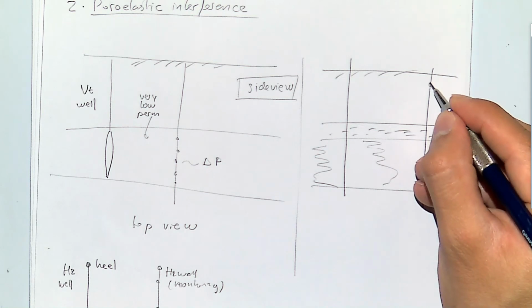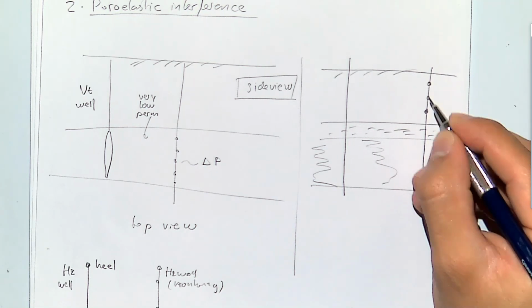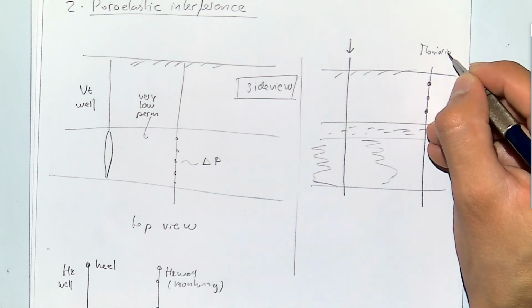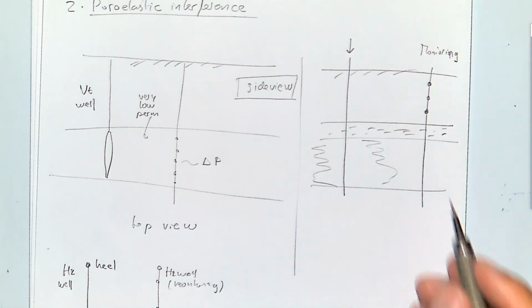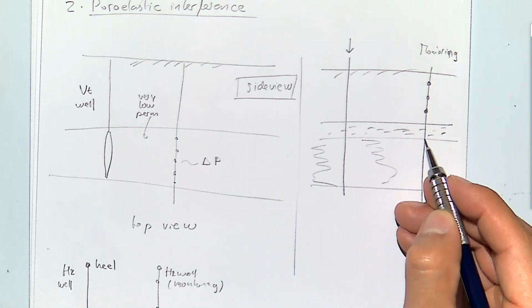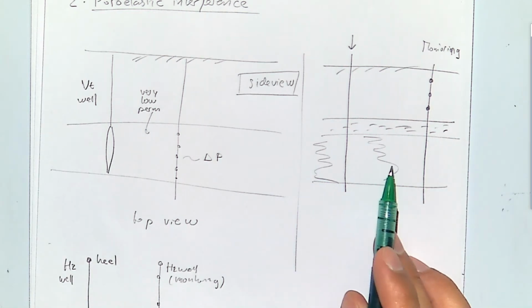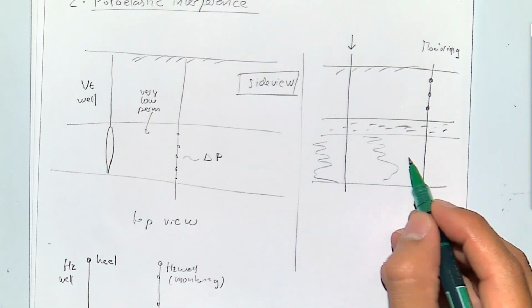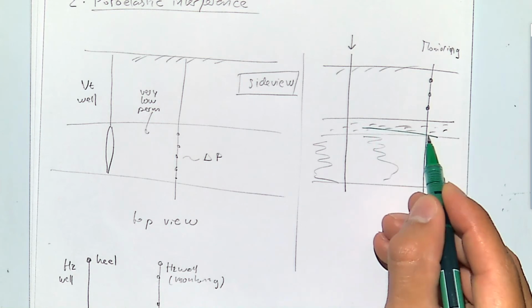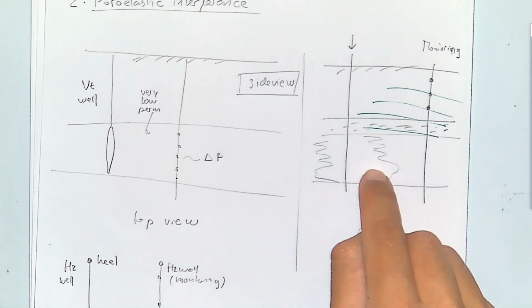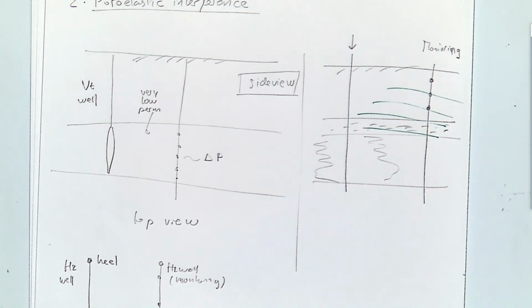If you have a monitoring well here with pressure transducers along the well, even outside the reservoir, above the cap rock, you could sense the effect of the loading, because as you inject, this rock is going to expand, and as it expands, the deformation is going to travel further than what the actual fluid does, and you could also sense that in a formation which is above the cap rock.